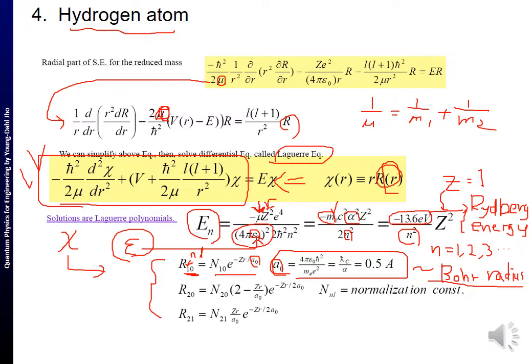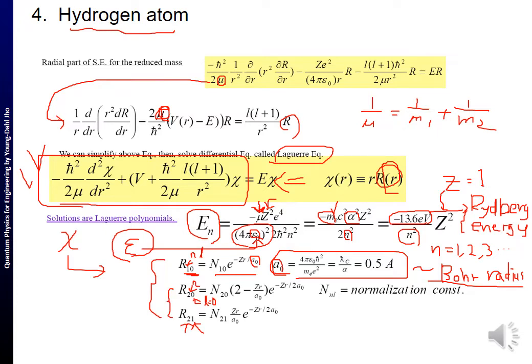Now 20 means n is 2 and L is 0. Different angular momentum quantum numbers will lead to different wave function shapes. When n is 2, L could be 1. There are two different kinds.